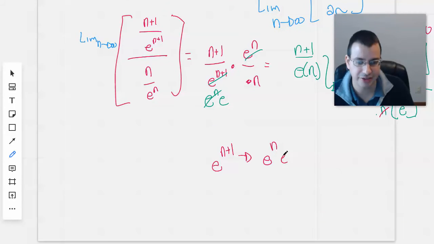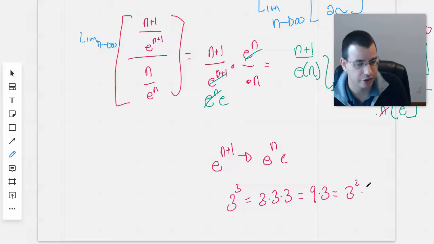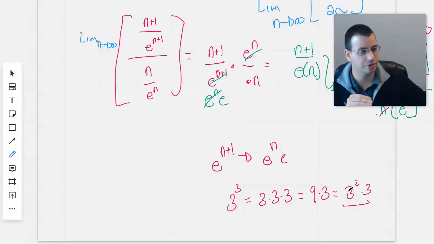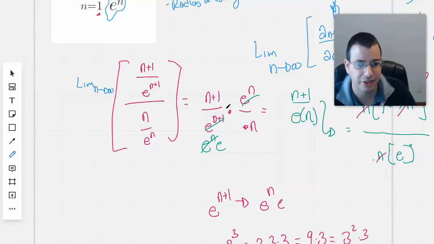That's the same idea as if you had 3 to the third, which would be 3 times 3 times 3, which would be 9 times 3, which would be 3 squared times 3. Same concept all the way along. We just did the same thing with e, which then let us cancel out the e to the n.